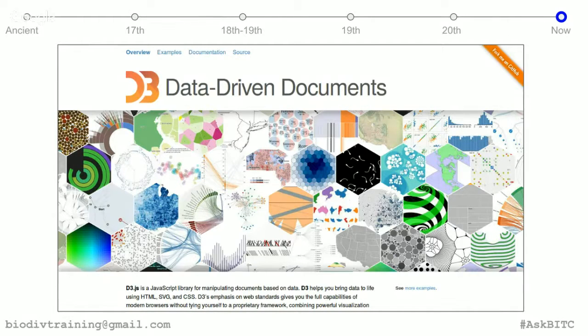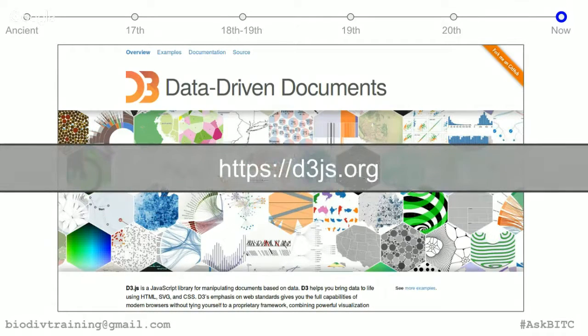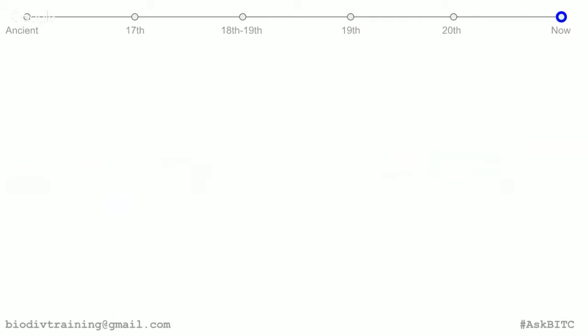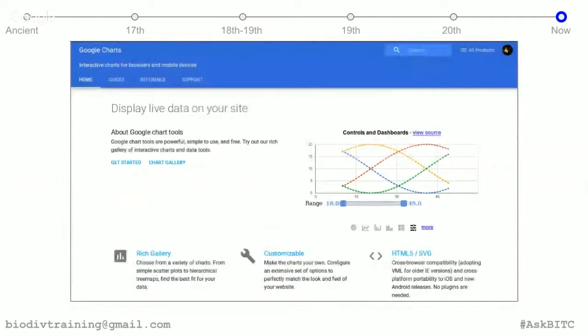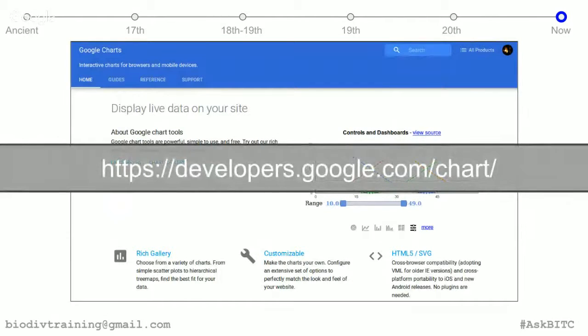D3 is probably the most flexible tool for this kind of visualizations, but it has a steep learning curve, and it can be a bit cumbersome and time-consuming. So there are other easier or more convenient options, such as Google Charts, which is another JavaScript library which pretty much does the same, but easier.